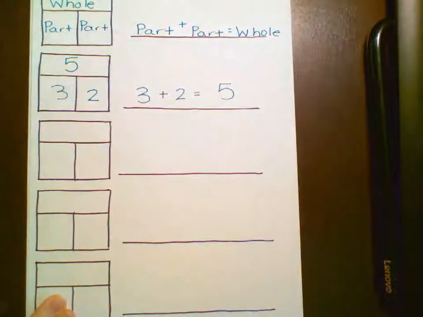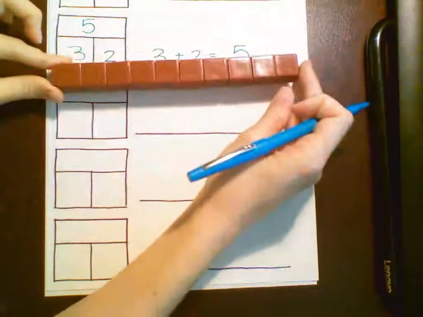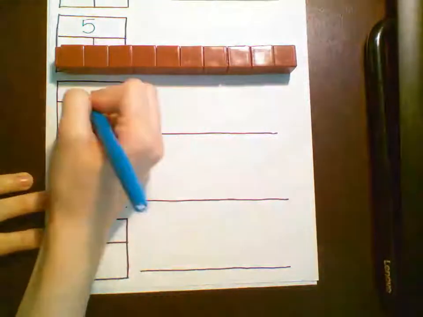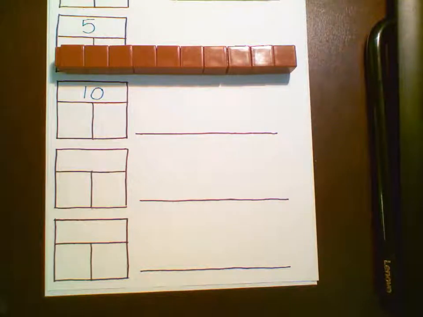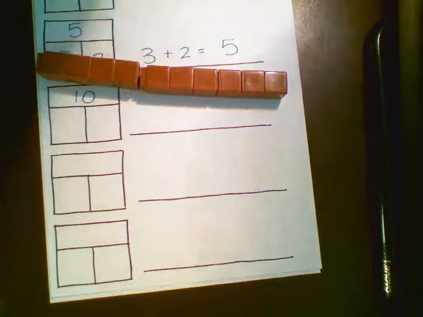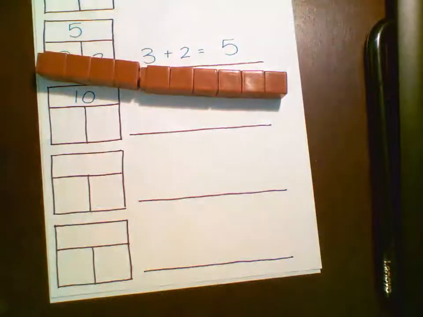Let's try it again with a different whole. I'm going to start with a bigger whole. This time, I'm going to start with a whole of 10. Now, there's lots of different ways that I could show part whole with a whole of 10. Now I have my whole, which I started with, and I've broken it into 2 different parts. And we're going to see what those 2 parts are.